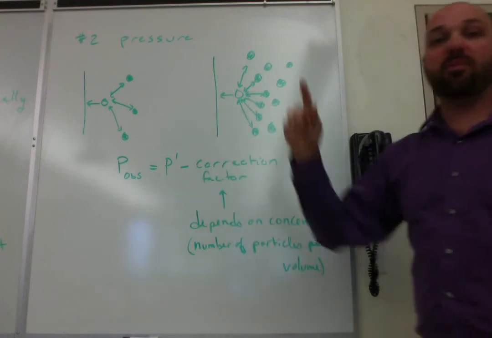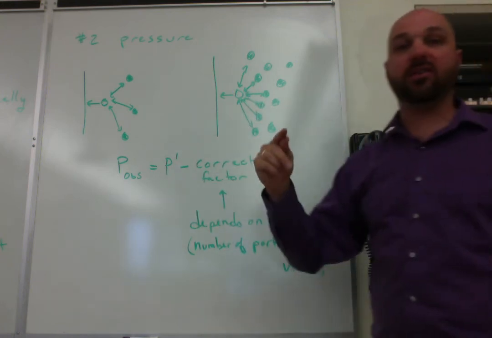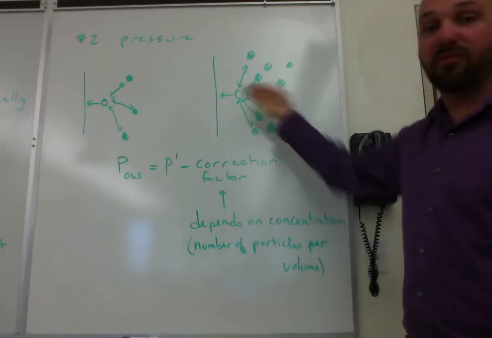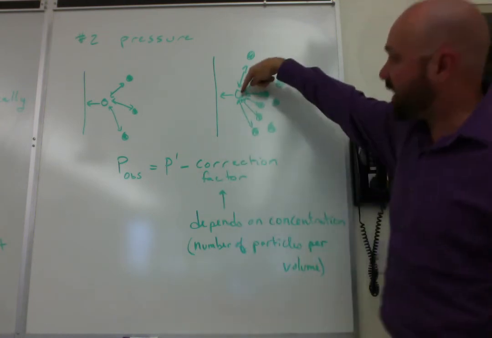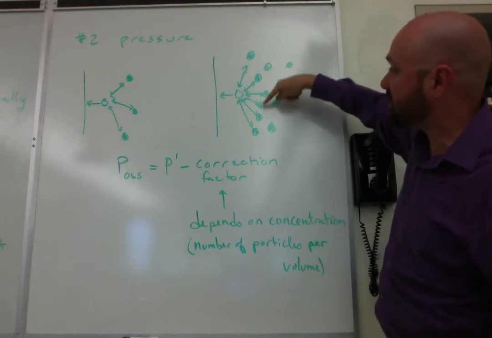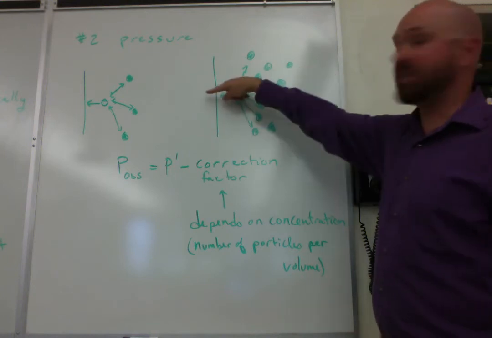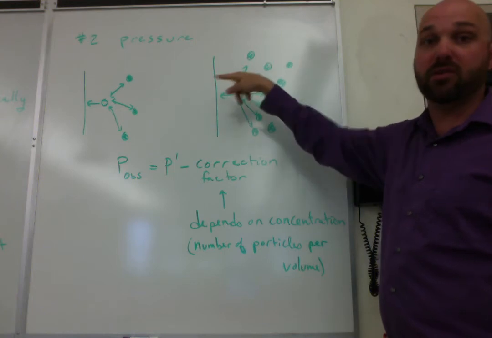That means that the pressure is artificially large, because the forces of attraction are trying to bring this particle back towards these other ones, reducing the force moving forward, like reducing the speed.